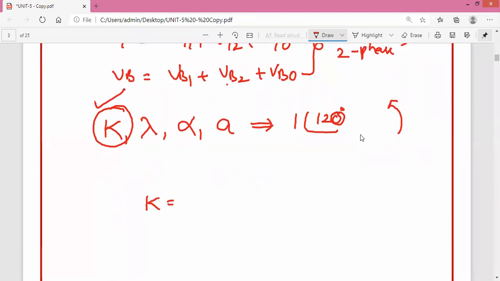So my K notation will now be: K can be taken as 1 at an angle of 120 degrees. It is a vector rotating in a counterclockwise direction, having unit magnitude and 120 degrees phase displacement, which is used for representing balanced parameters with respect to another phase. So don't be confused, we'll understand once we enter into the complete topic.